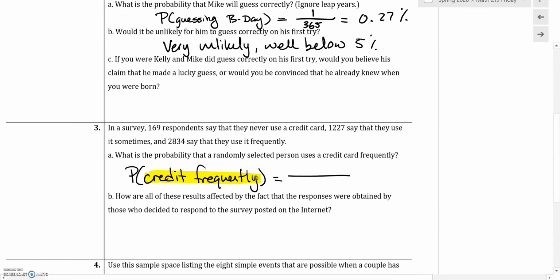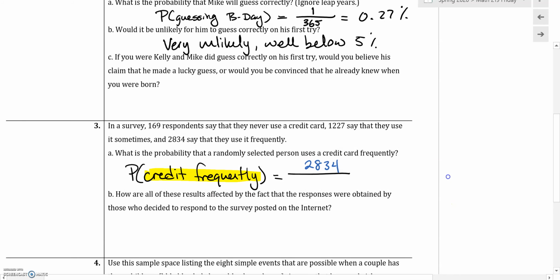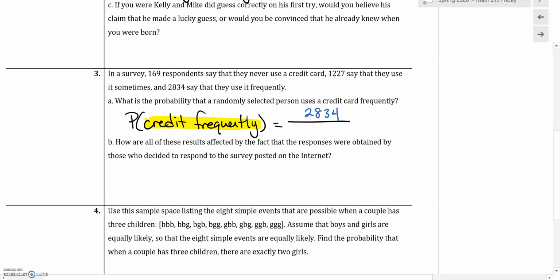How many of these people raised their hand when I said, do you use your credit card frequently? And that would have been this number. 2,834 said, yes, I use my credit card frequently. And the grand total of people that responded to the survey, well, there was 169 here, and over 1,200 here, and 2,800 here. So this is the size of the pool that we could have selected from, right? Those were the total number of outcomes that could have occurred.